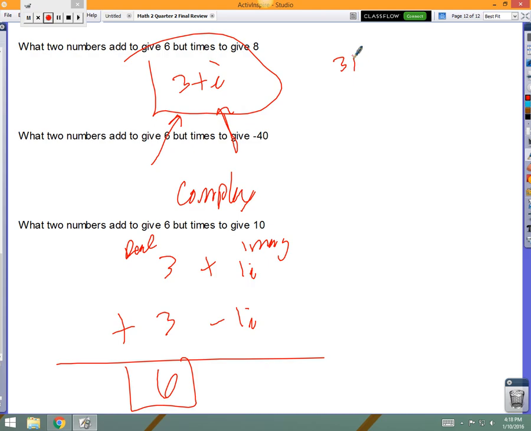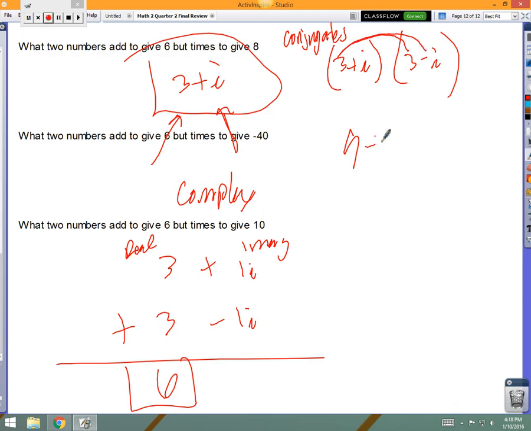So 3 plus i and 3 minus i, these are conjugates. And conjugates will always add to be real, and they will times to be real. So if you times these two together, start distributing. 3 times 3 is 9. 3 times a minus i is a minus 3i, and i times 3 is a plus 3i.